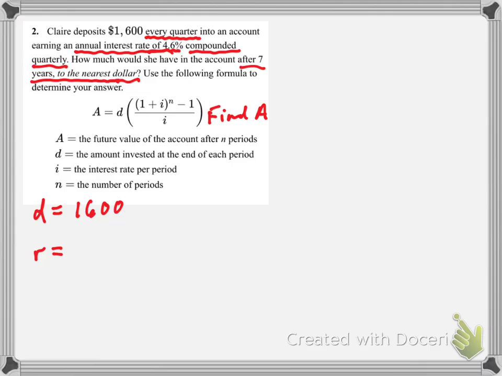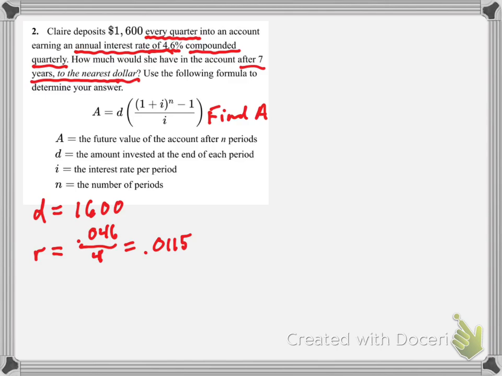So I take 4.6%, so that's 0.046, and I divide by 4 because there are 4 quarters in a year. So 0.046 divided by 4 is 0.0115. So that's R. R is the quarterly rate, not the annual rate.